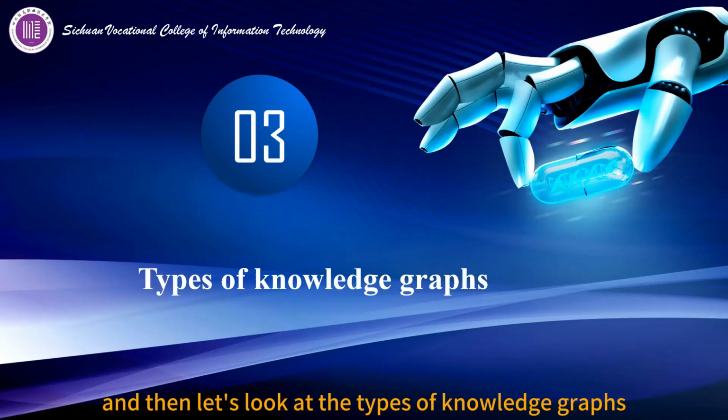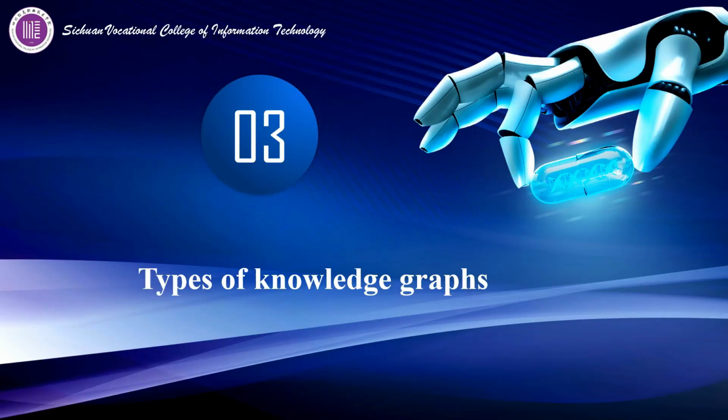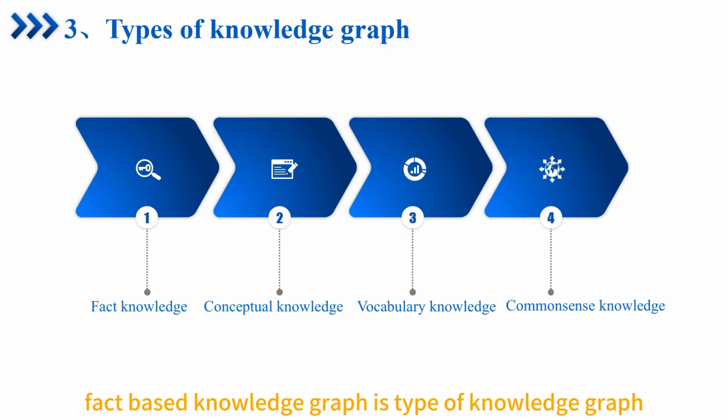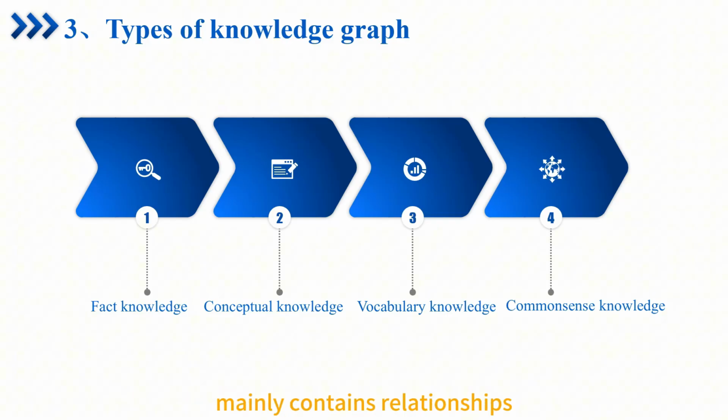And then let's look at the types of knowledge graphs. Here are 4 types of knowledge that can be represented in a knowledge graph. A fact-based knowledge graph is a type of knowledge graph that mainly contains relationships and attributes between different entities, such as people, places, and organizations.